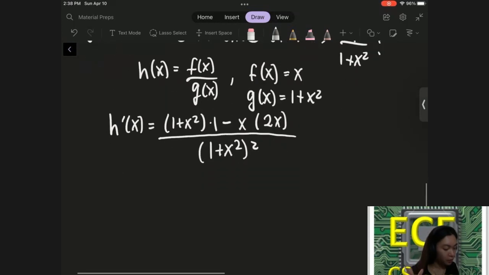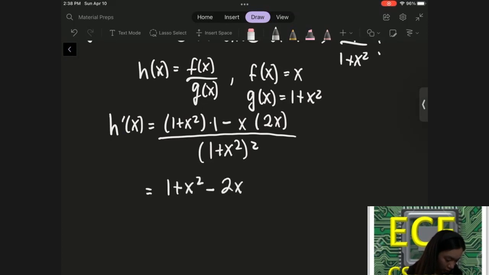Okay. So now you just simplify it. So let's do that. It's 1 plus x squared minus 2x squared all over 1 plus x squared, all squared. That could be simplified more. That was an ugly equal sign.